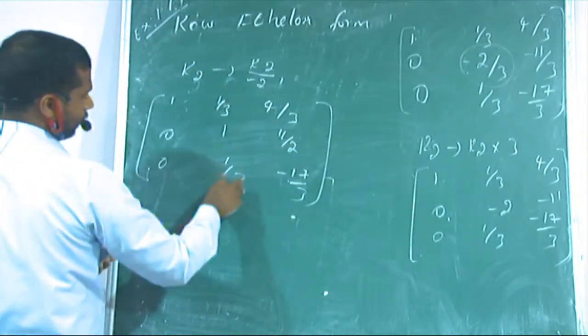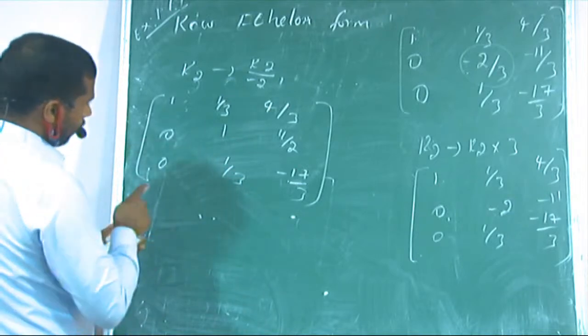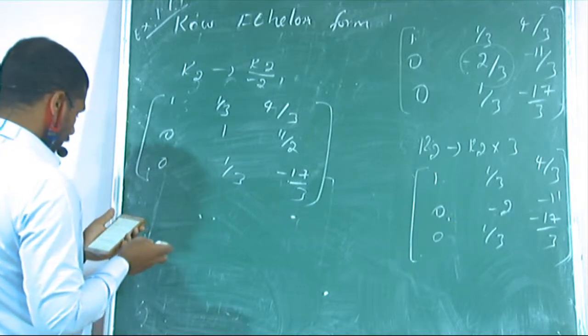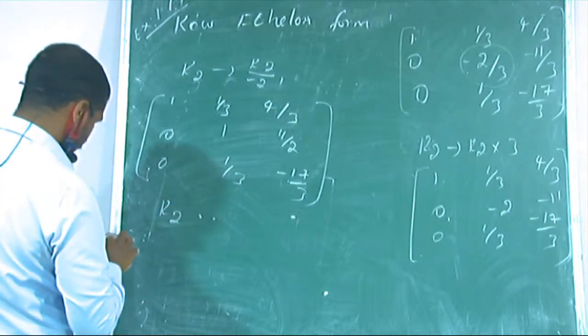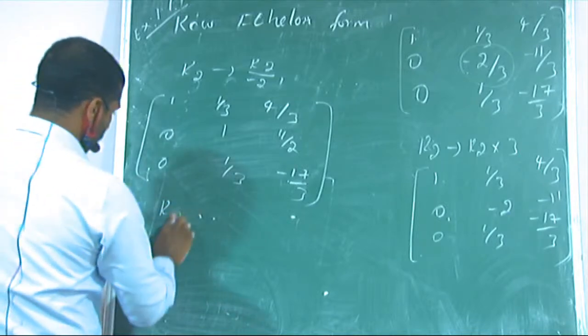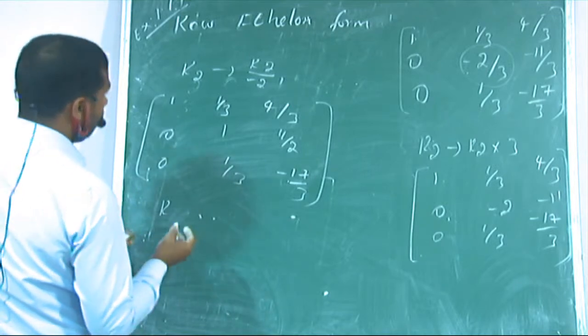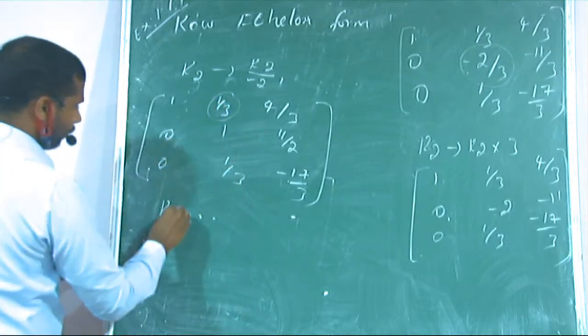The next one, second column, the first and third elements we have to show 0. What do we have to do? 1 by 3 and 1 by 3 are there, isn't it? Each and every time 1 by 3 is there. So 1 by 3 we have to subtract.